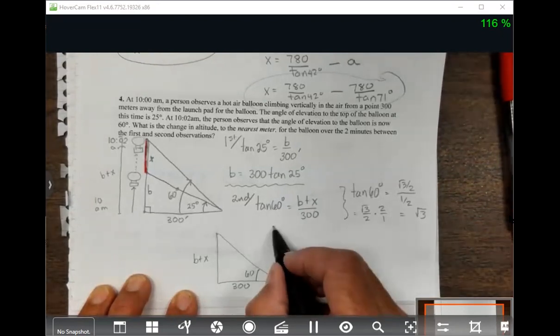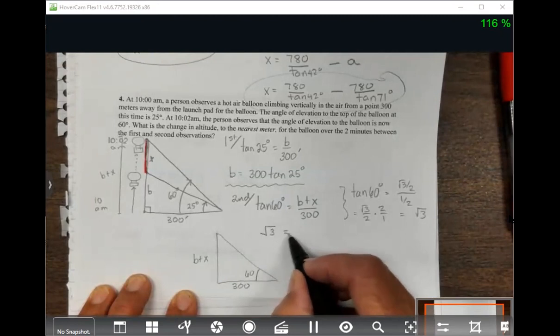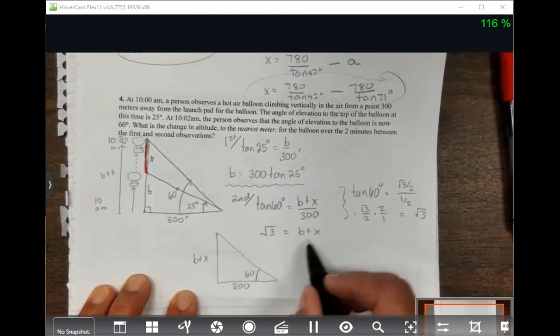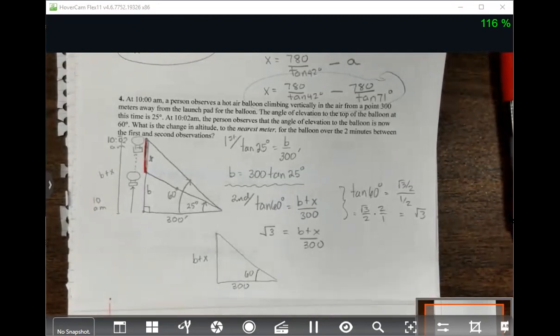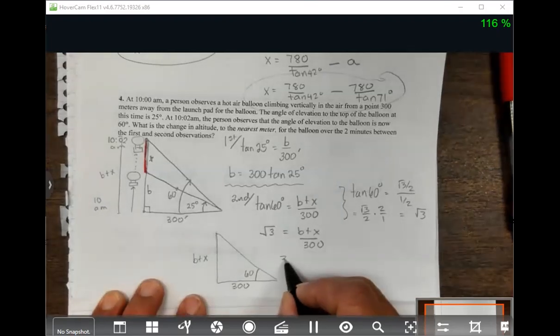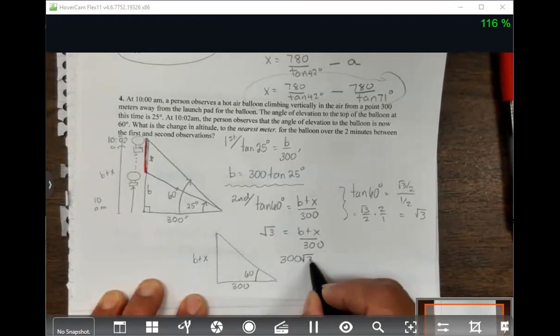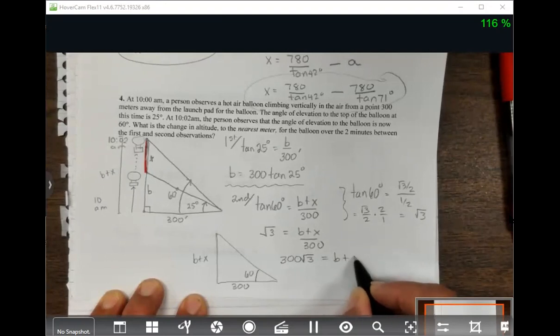So let me put that over here. I get the square root of 3 is equal to b plus x divided by 300. Our goal in this problem is finding x. So let's now solve that equation for x. We'll multiply both sides by 300. And we have 300 times the square root of 3 is equal to b plus x.